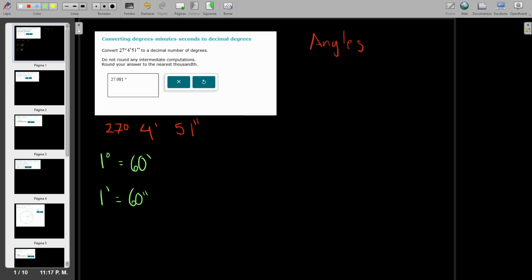For example, we start with how many seconds here? 51 seconds. How many minutes are there? We know that 60 seconds is equal to 1 minute.